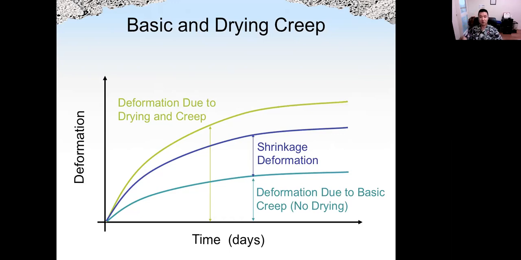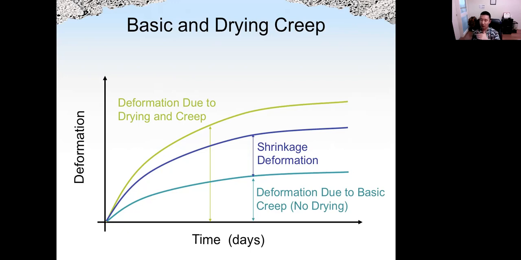And here shows the so-called basic and drying creep. Here are 3 curves. The first curve, the green one, shows the deformation due to basic creep, which means the concrete does not have any drying, just under the load.